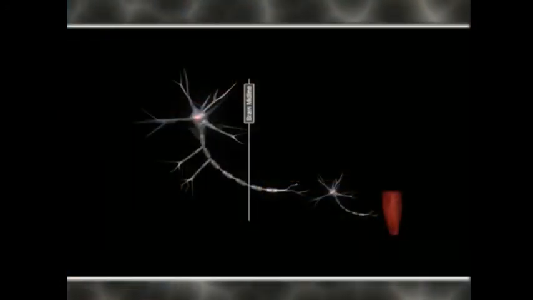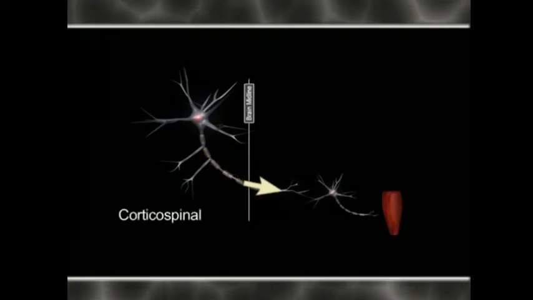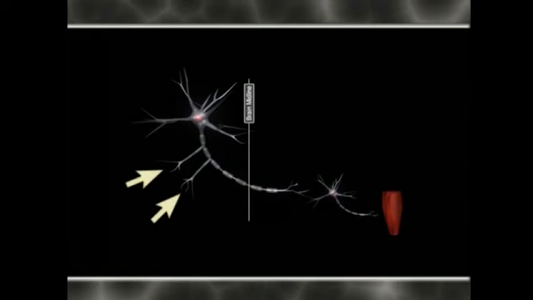And if you think about this, this is the main way we name a pathway, by the one axon, which is the major part of it. So we call this corticospinal because that's the major pathway. But there are hundreds of axon collaterals peeling off at every point, connecting other areas of the brain. So other areas of the brain always know what the motor cortex is going to do and initiate.